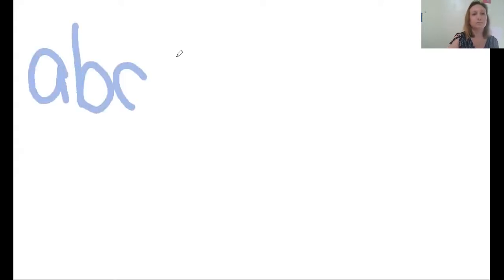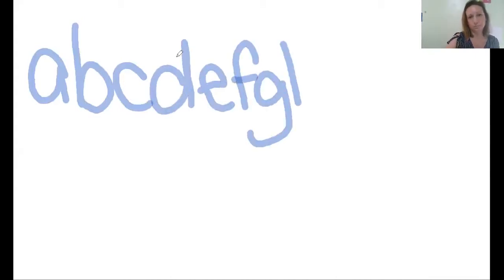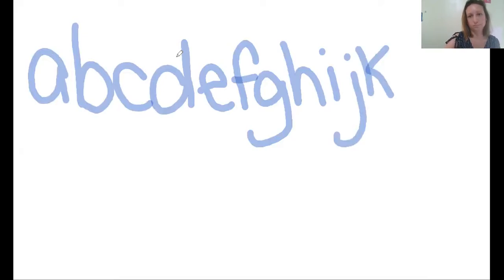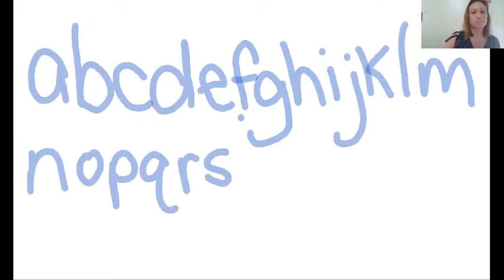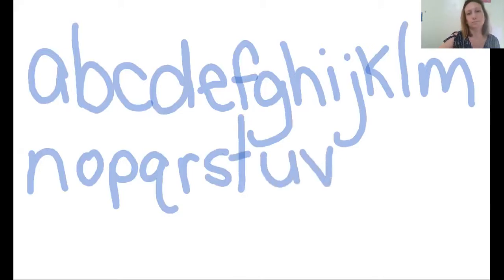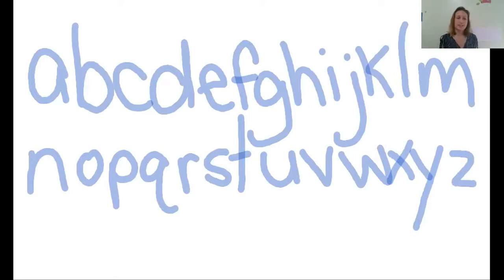Let's get ready to write our alphabet. Remember, we do A through M on one line, N through Z on another. And this warms us up for writing. So let's go ahead and start. And check your letter formation.